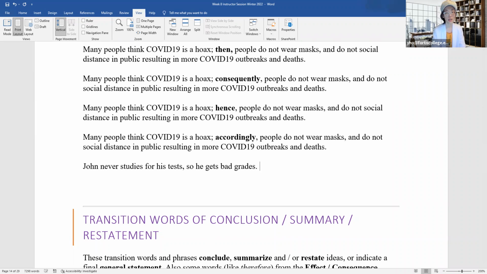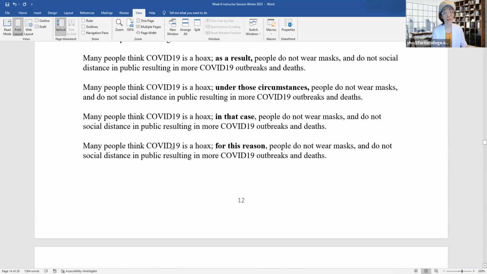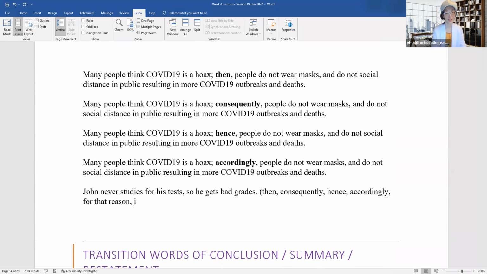And then you could say, then, consequently, hence, accordingly, for that reason. Even I have to look it up, right? In this case, in that case.